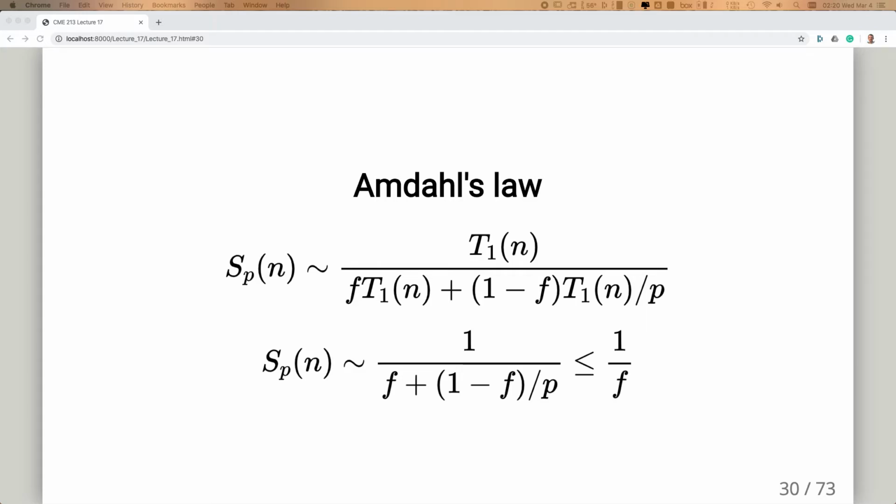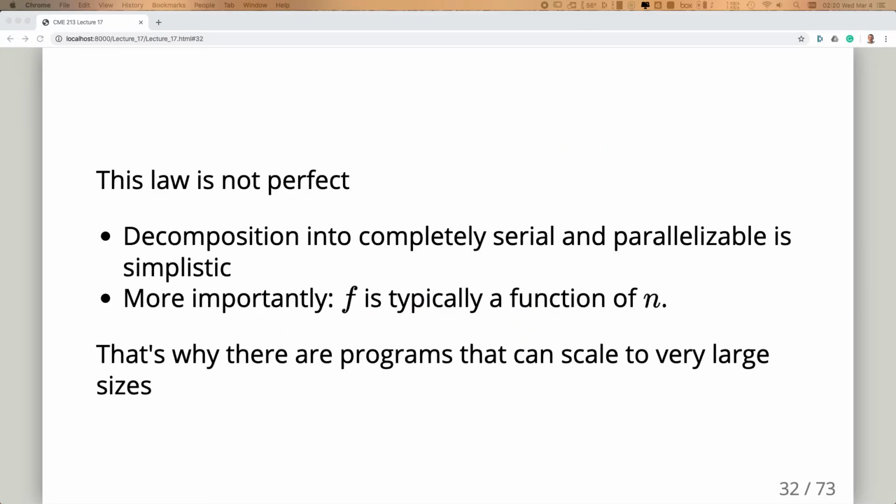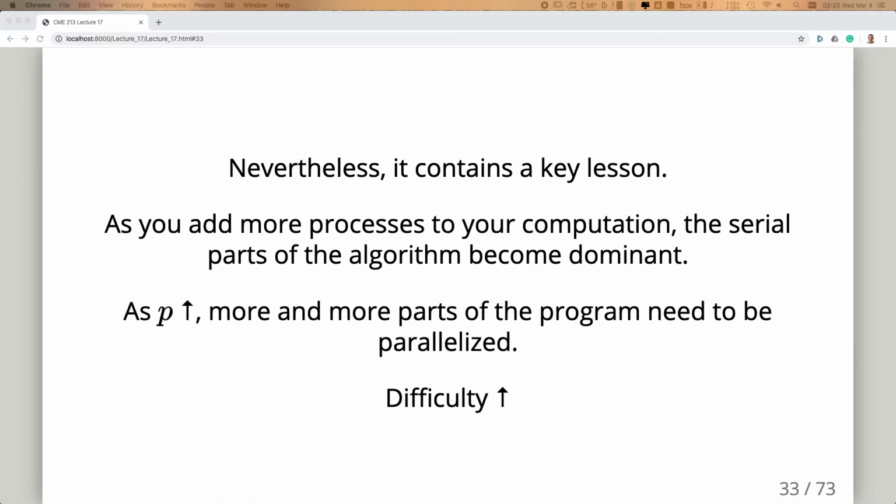But the more important take-home message, and that is definitely true, and something we've already seen when doing CUDA programming, is that you're going to take your code, and there's a part of the code that takes a lot of time.